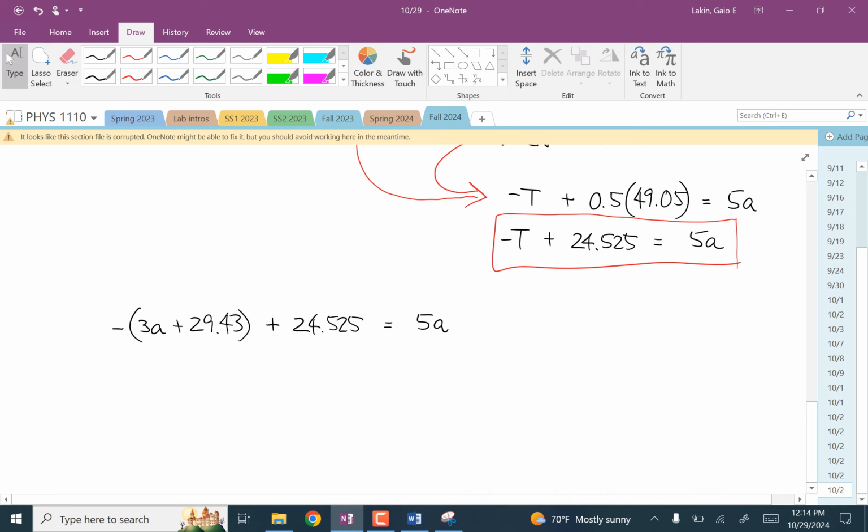And so we get that 24.525 minus 29.43. So we have negative 4.905 is equal to 8a.